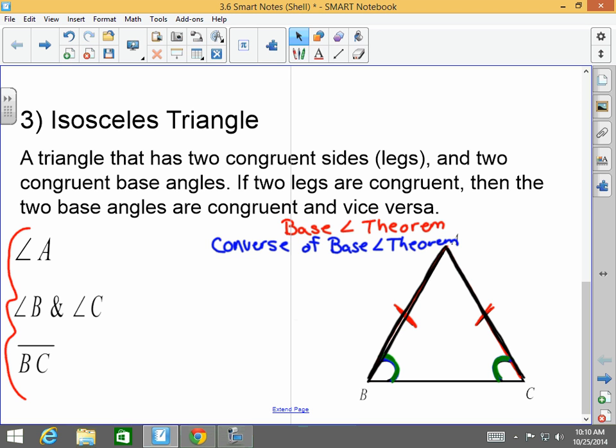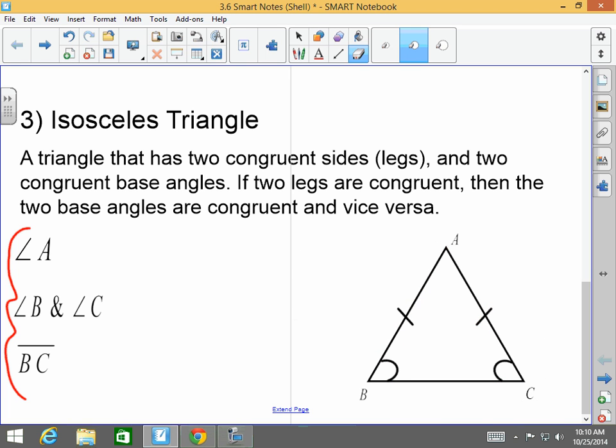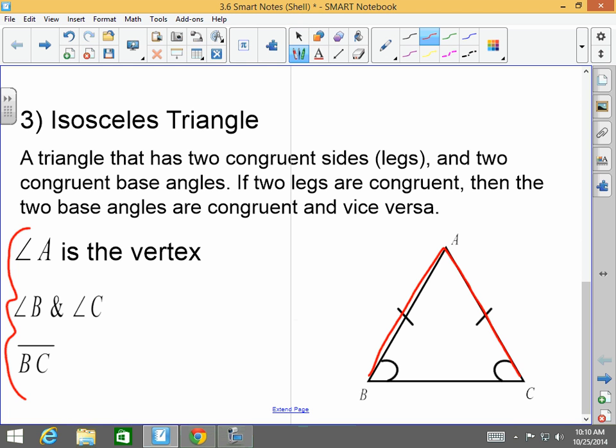I'm going to erase all of this for a second now. Okay. Angle A. Angle A, as you can see, is the pinnacle. It's the top. It is called the vertex. Okay? That is the top angle. That is the pinnacle of the isosceles triangle.